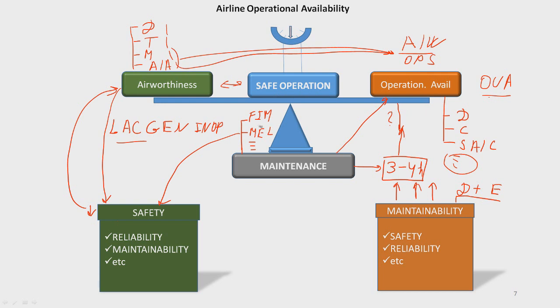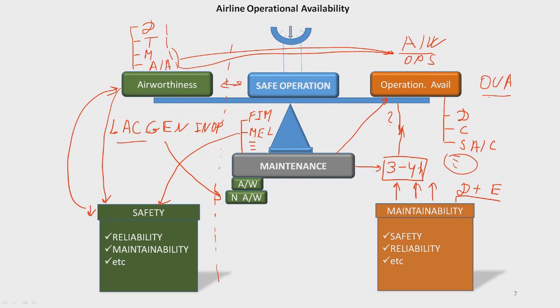So what we are saying actually, let me put it this way. We have the left side, which is the green zone, which is airworthiness. We said that actually we have 2 conditions. Condition number 1, product is airworthy, or condition number 2, product is not airworthy.